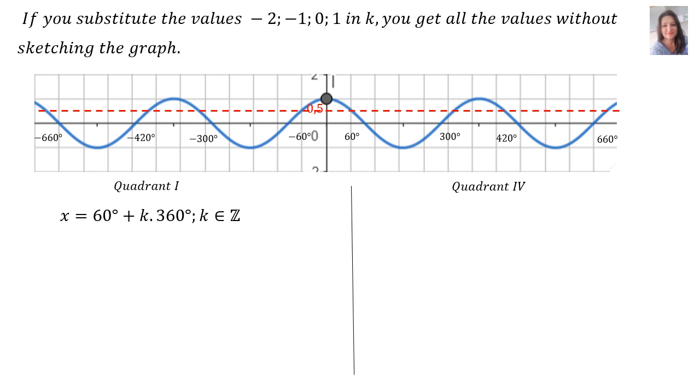In quadrant 1, the general solution is x is 60 degrees plus k times 360, k element z.